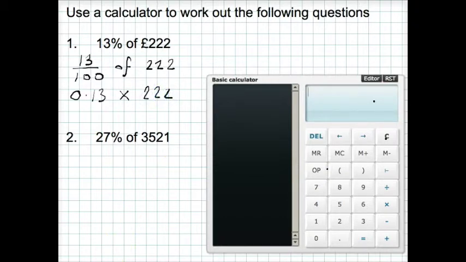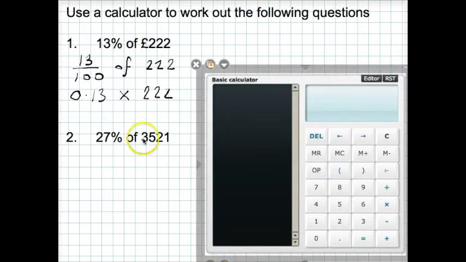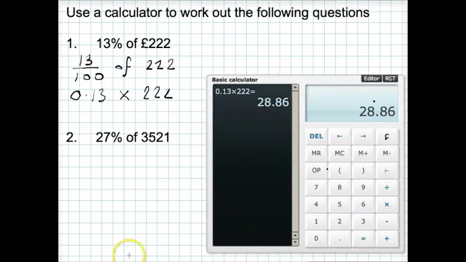Now if I move to the calculator here and type this in, 0.13 times 222, that's going to give me an answer of 28.86. And 28.86 is fine in terms of pounds and pence, so I can just write my answer 28.86.